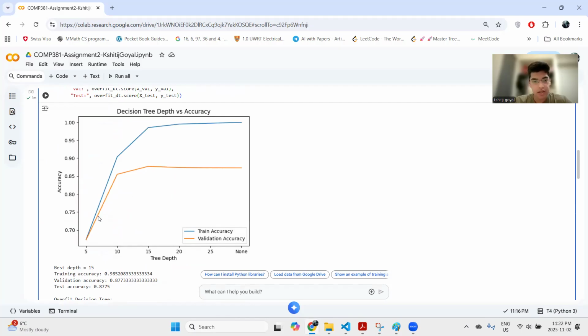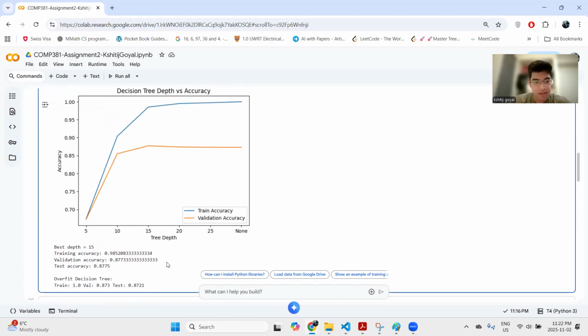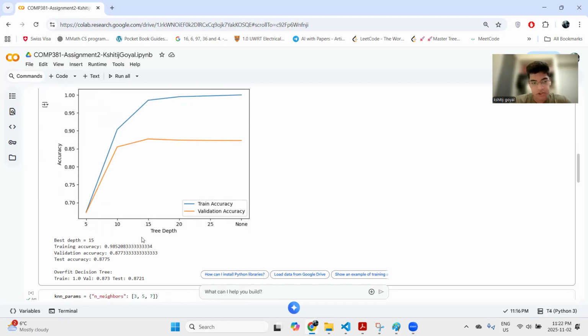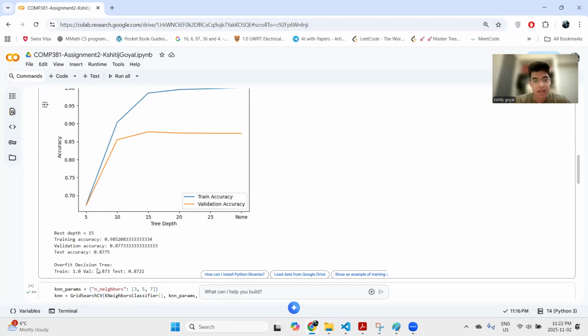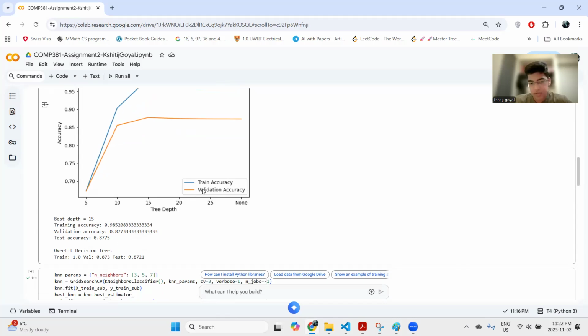You can see that the train and the validation accuracy follow kind of the same curvature, and the train accuracy is 98.5, the validation is 87.7, and the test is around 87.7, 87.8. So this is the best decision tree, and that is at depth 15. And as I said, the one that overfit got a training accuracy of 100%, validation of 87.3, and test of 87.2. So yeah, that was a decision tree.